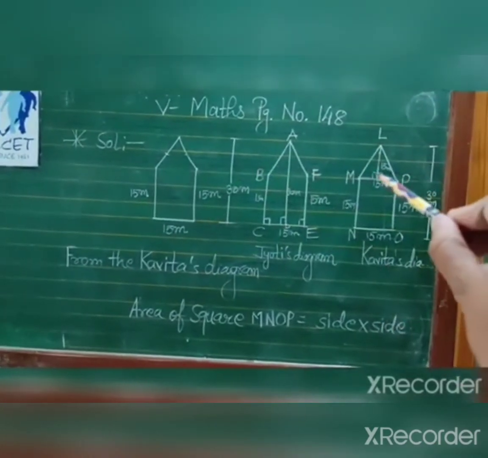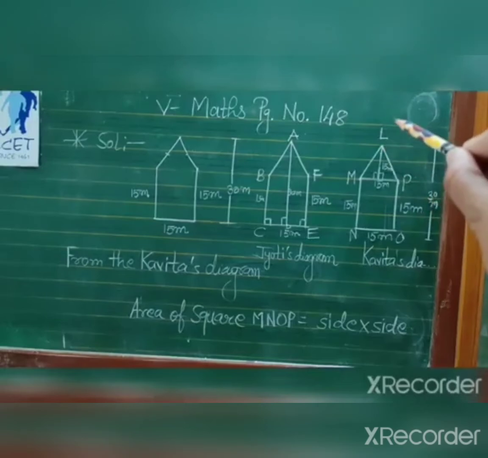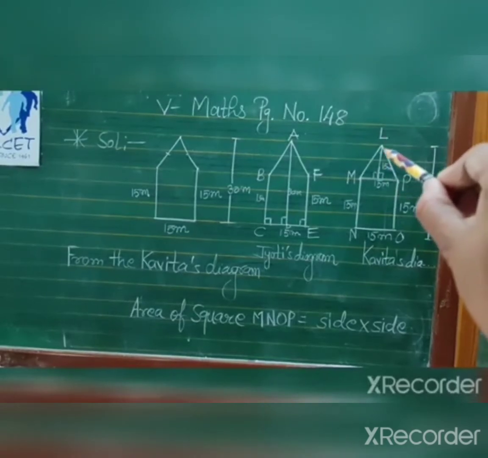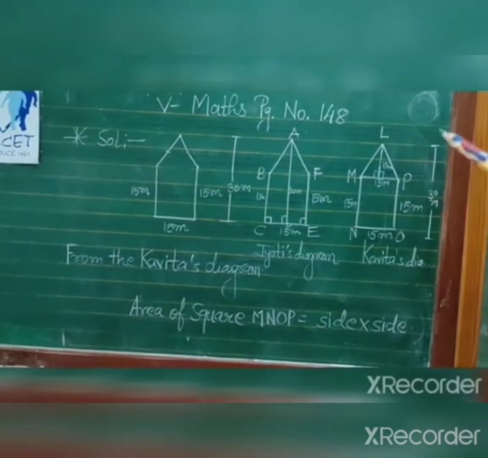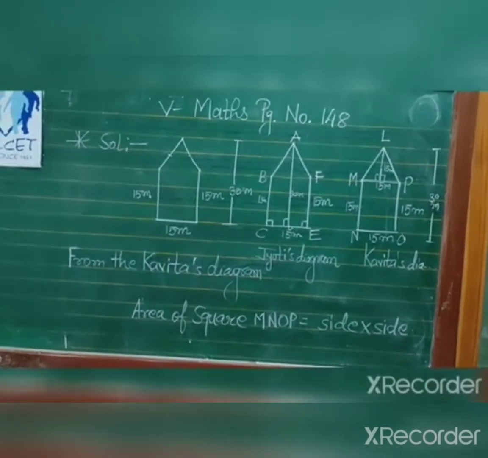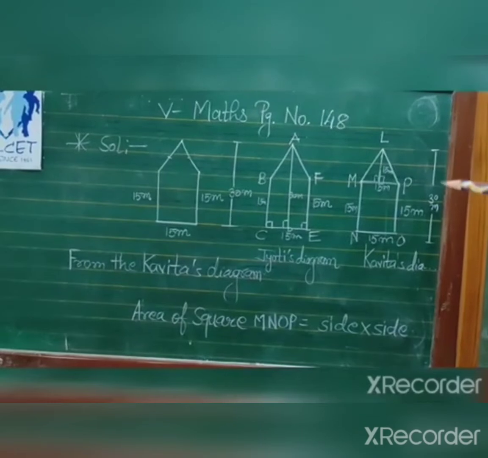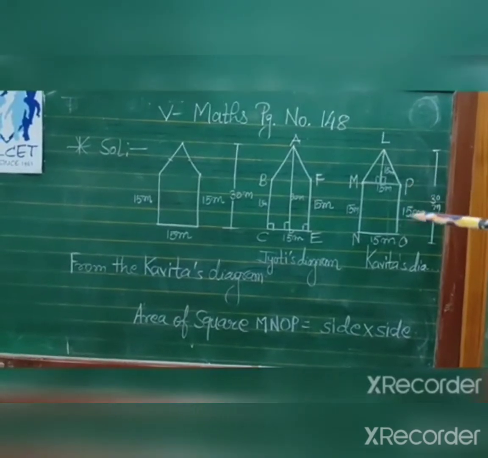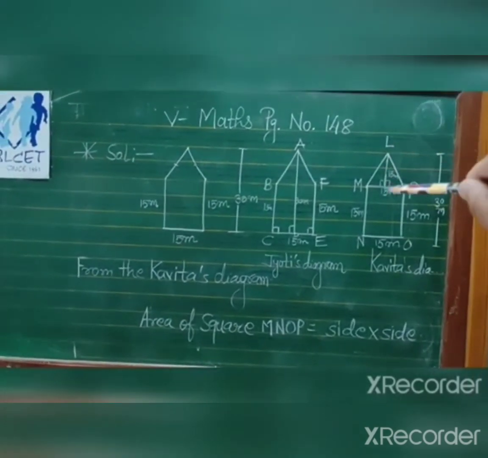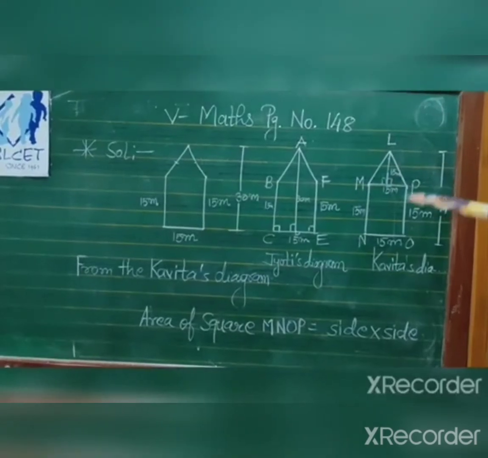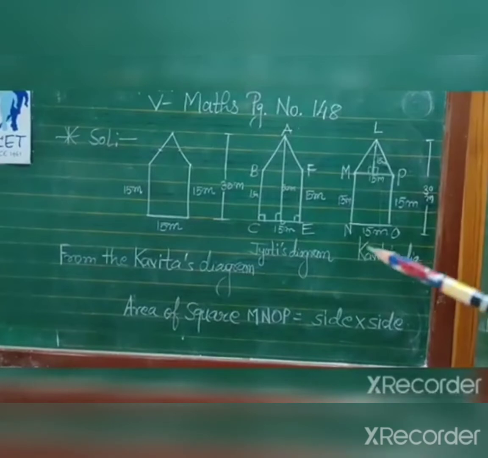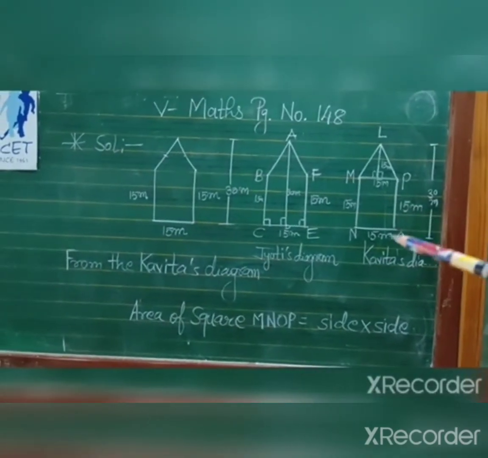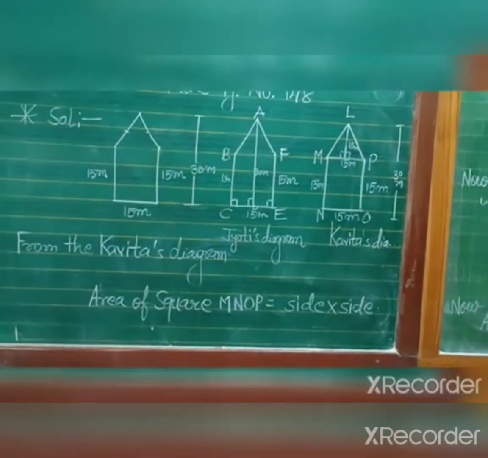We have drawn a perpendicular from L to this point, you can name it LX. This length is 15 meters, so the left length will also be 15 meters because the total length is 30 meters. So area of square MNOP, side into side, 15 into 15, that means 225 square meter.